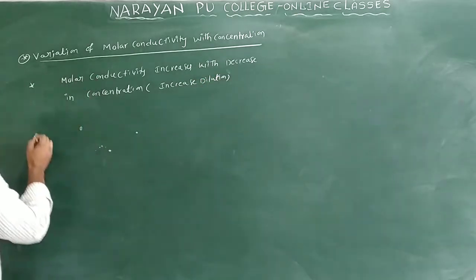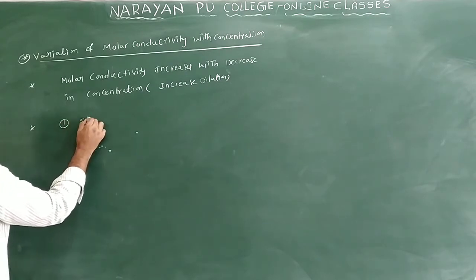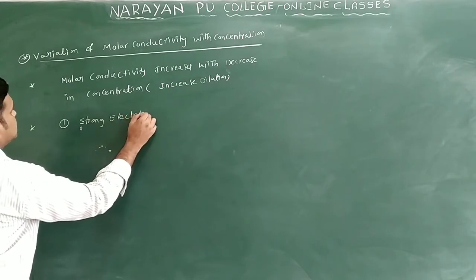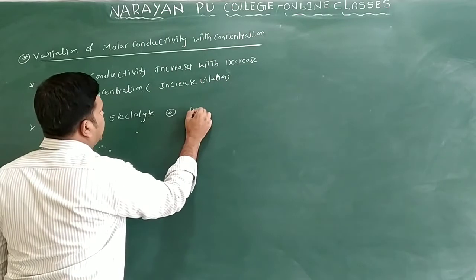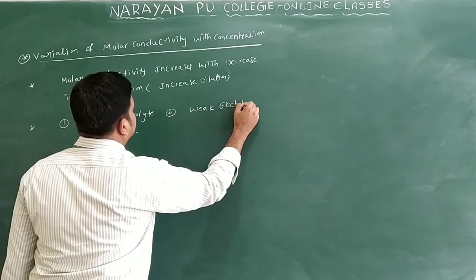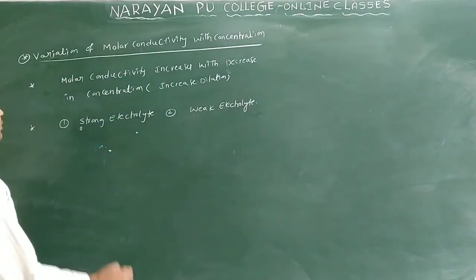So we have to observe this for two types of electrolytes only. One is strong electrolyte, and one more we can observe for weak electrolyte only.